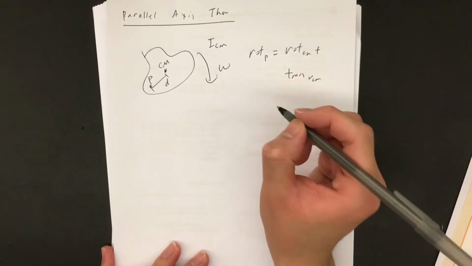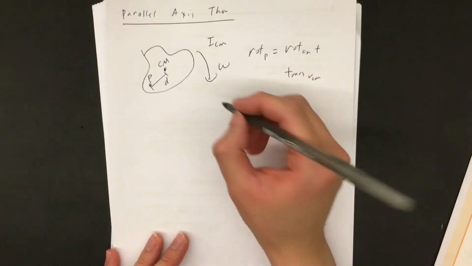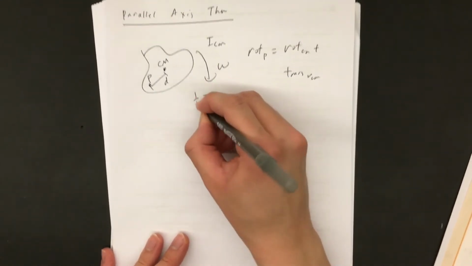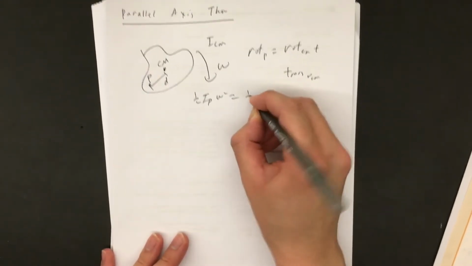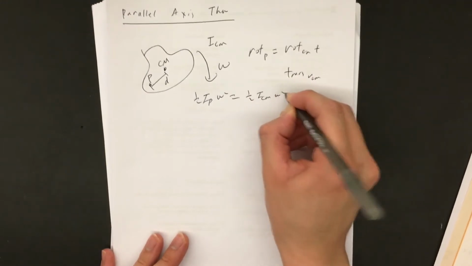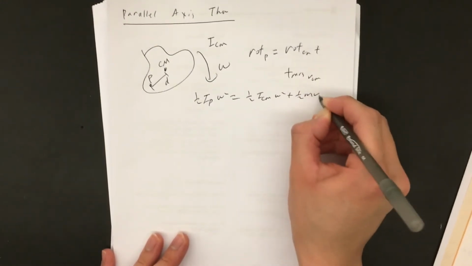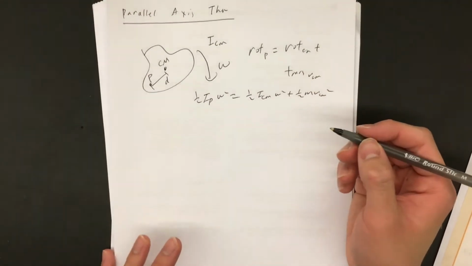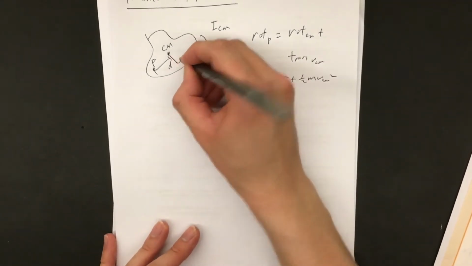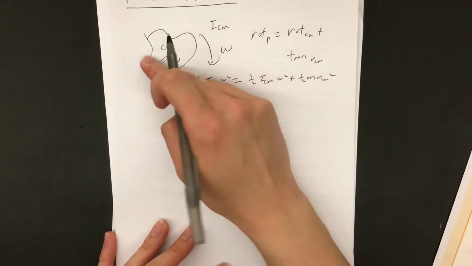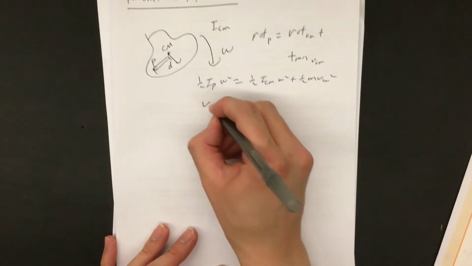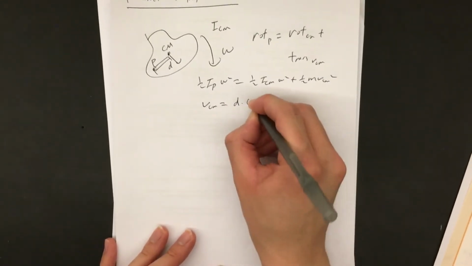And therefore, using the conservation of energy equation, 1/2 IP omega squared equals to 1/2 ICM omega squared plus 1/2 m v center of mass squared. Now, since v center of mass is going to be perpendicular with respect to d, v center of mass is going to be d times omega.